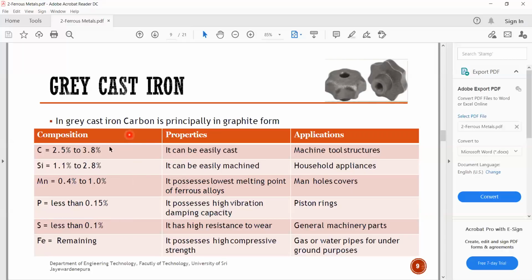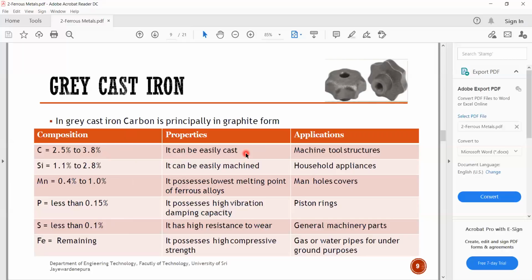See here, if the carbon amount is 2.5 to 3.8 percent, you can use it for the casting process, because it can be easily cast, right?